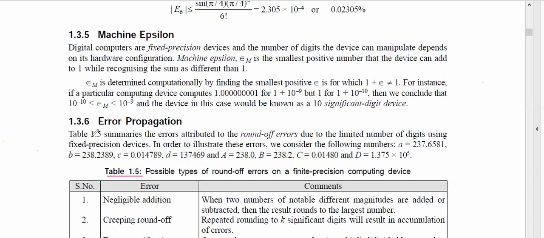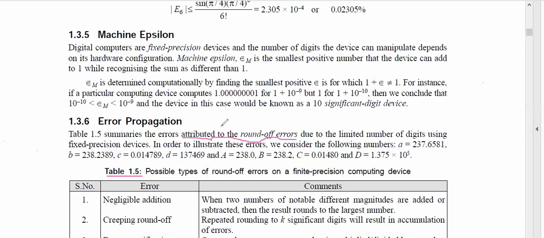Like this. So the table summarizes the errors attributed to the round of errors. Attributed means caused by round of error.